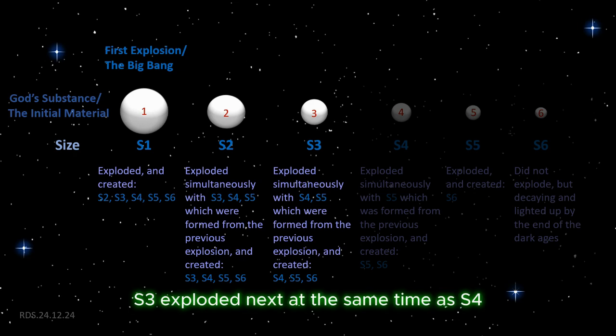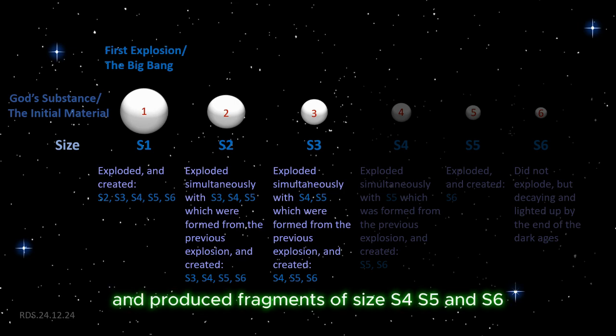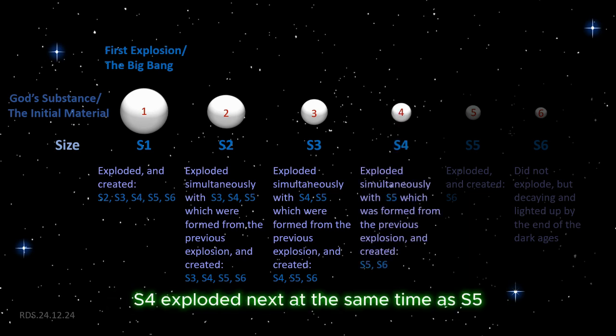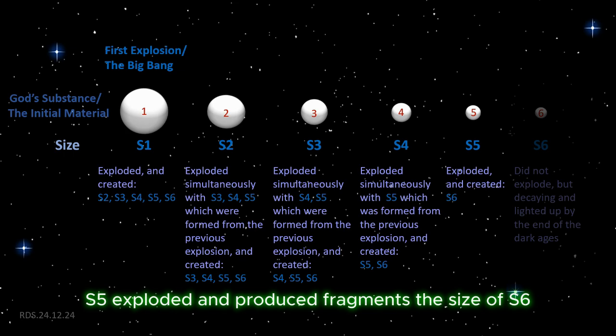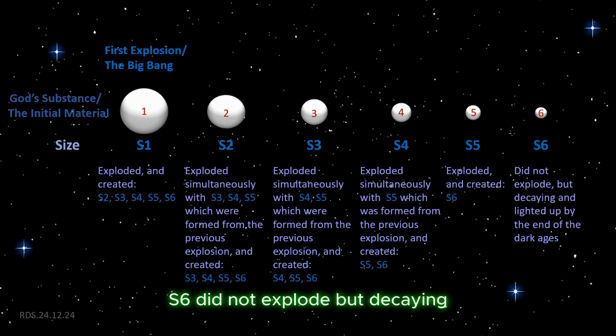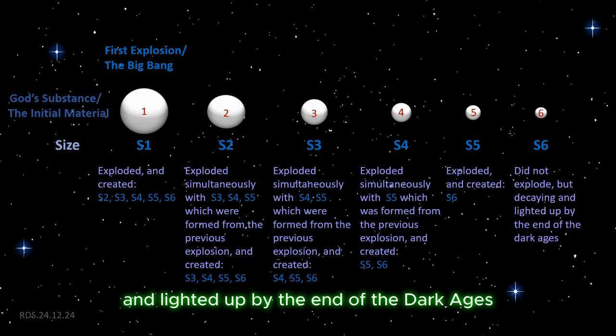S3 exploded next at the same time as S4, S5 resulting from the second explosion session and produced fragments of size S4, S5, and S6. S4 exploded next at the same time as S5, resulting from the third explosion session, and produced fragments S5 and S6. S5 exploded and produced fragments the size of S6. S6 did not explode, but decayed and lit up by the end of the Dark Ages.